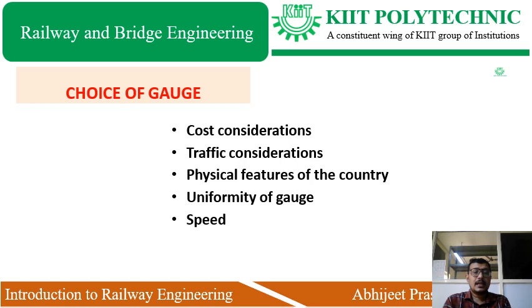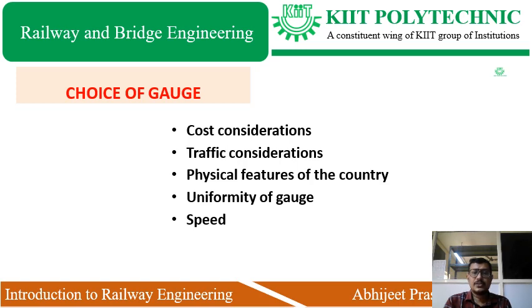Then the second one is the traffic consideration: how much volume of traffic will benefit from that gauge distinction. Physical features of the country: terrains are there, plains are there.